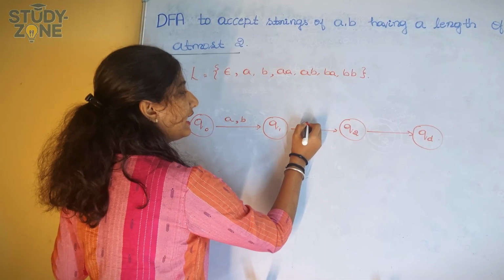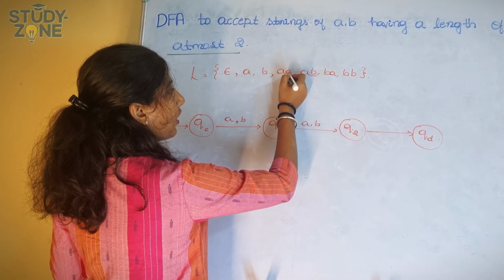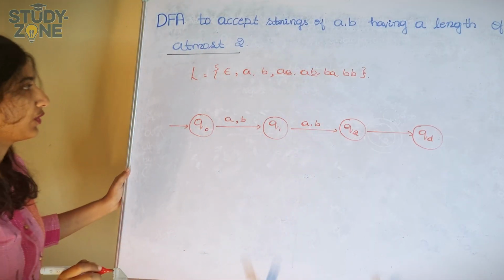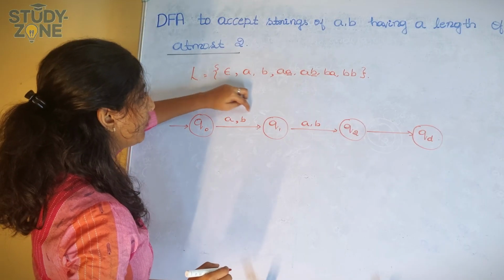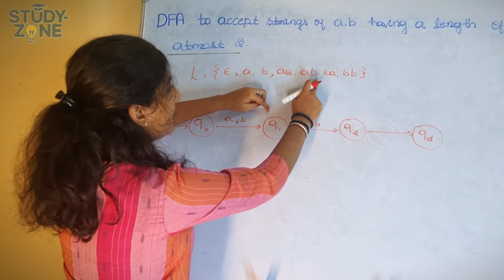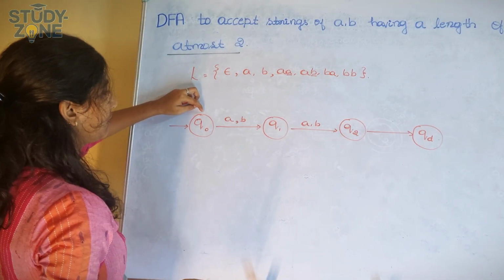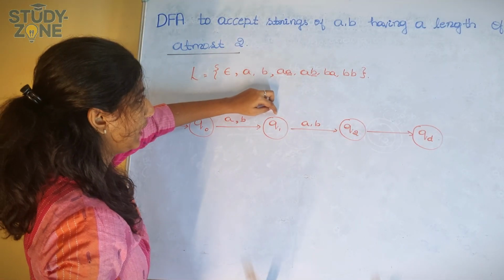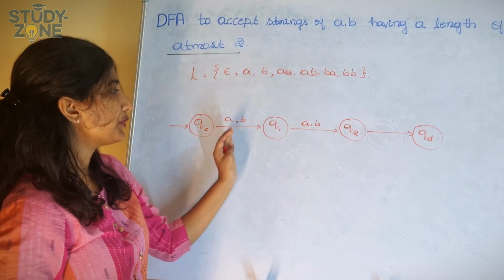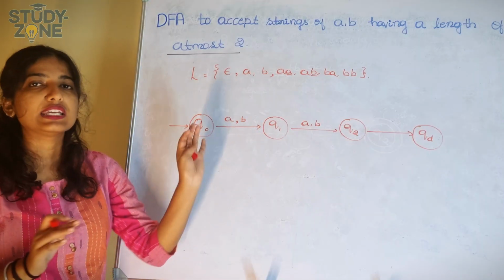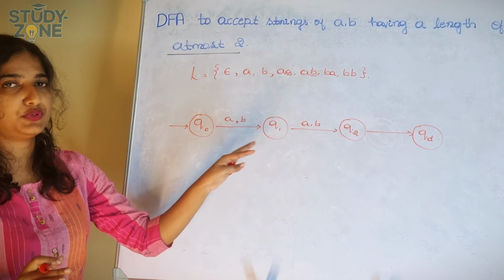Q1 on A or B again moves to Q2, because we have no restriction on the second symbol either. So if I get A on Q0, Q0 on A moves to Q1, and I have B here, so Q1 on B moves to Q2. Or if I have B first, Q0 on B moves to Q1 and Q1 on A moves to Q2, which means there is no specific input symbol that should be first or last. We can have any input symbol.